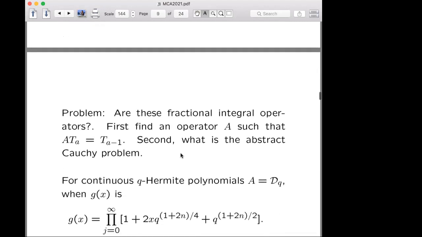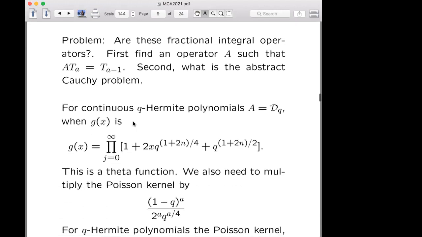Okay, so the first step, of course, when you have such an operator, you want the A that reduces the semigroup parameter by 1. And you would like this to be the Askey-Wilson operator or something related to it. Also, you want to know what the abstract Cauchy problem is, the one that comes from the infinitesimal generator of this semigroup.